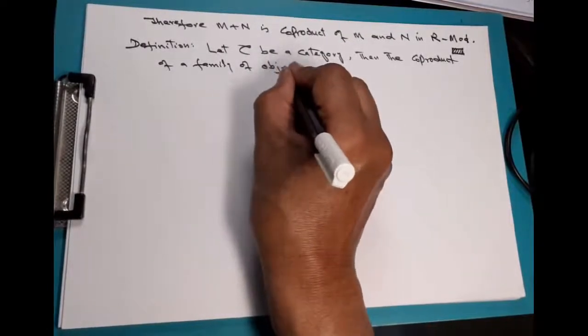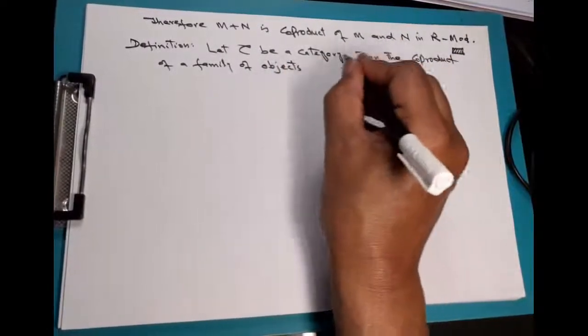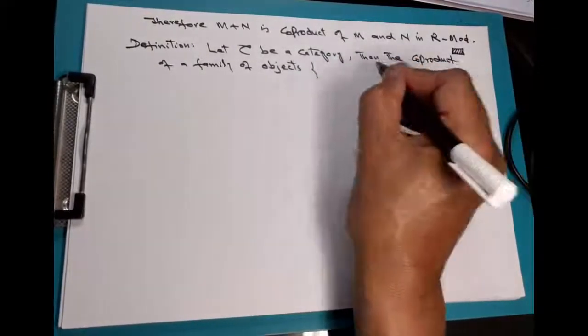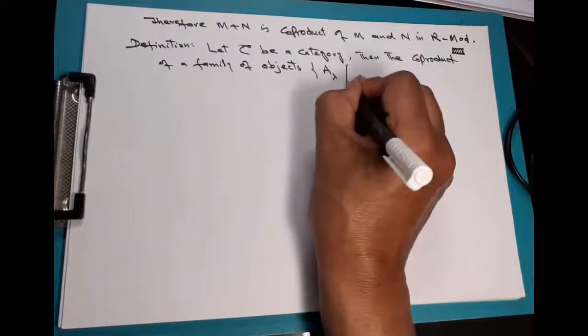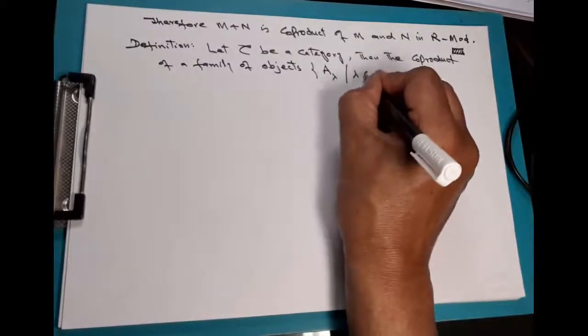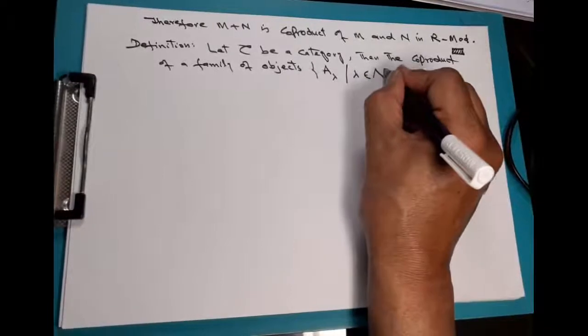Let's take that family of objects. This is a family of objects A lambda, such that lambda belongs to this capital Lambda.